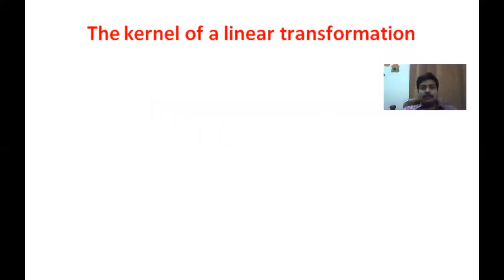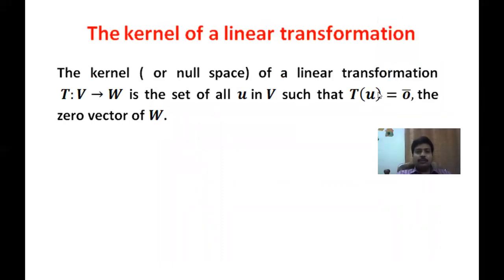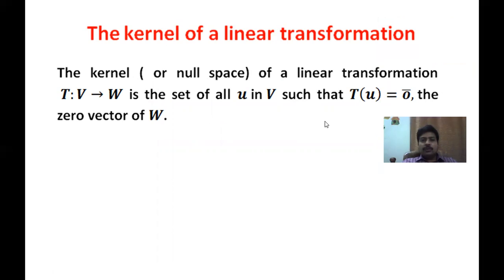And this is another definition which we have gone through. The kernel of a linear transformation. Kernel or null space of a linear transformation T from V to W is the set of all u in V such that T of u is equal to 0 bar, the 0 vector of W. So, kernel is the set of elements of V which are mapped onto the 0 vector of the second vector space W. It is denoted by kernel T, that is the symbol for that.